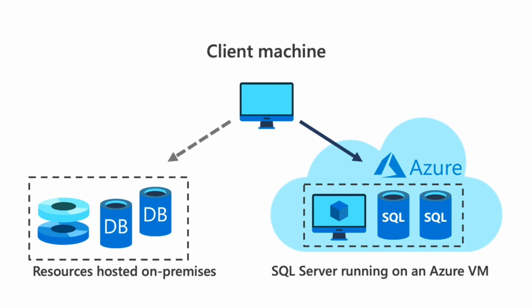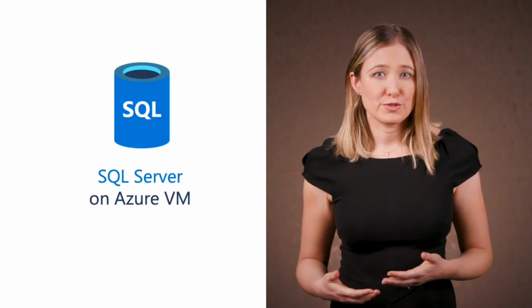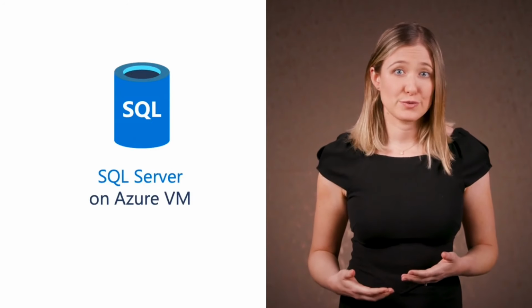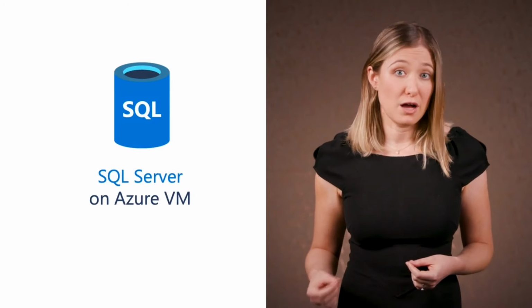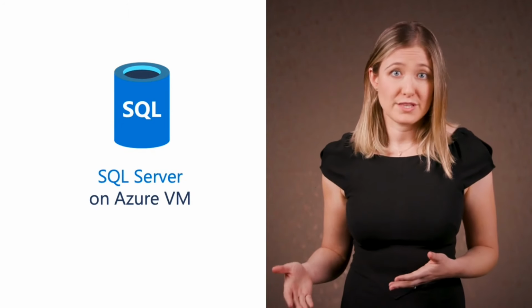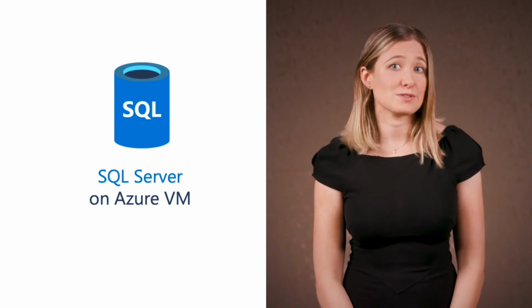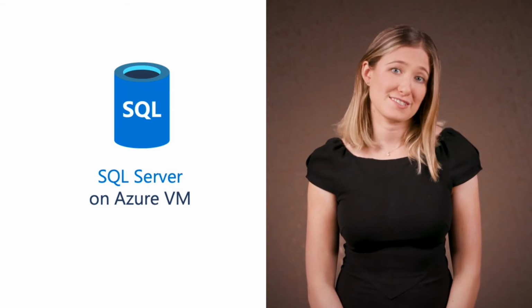For example, a client machine running an app connecting to SQL Server in the cloud and other resources on-premises. You can use SQL Server in a virtual machine to develop and test traditional SQL Server applications. With a virtual machine, you have full control of and administrative rights over the DBMS and operating system. It's a perfect choice when your organization already has IT resources available to maintain the virtual machines.